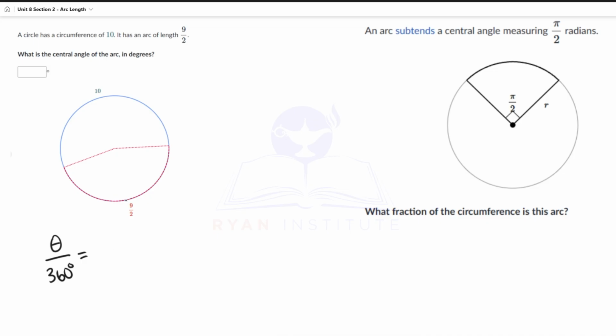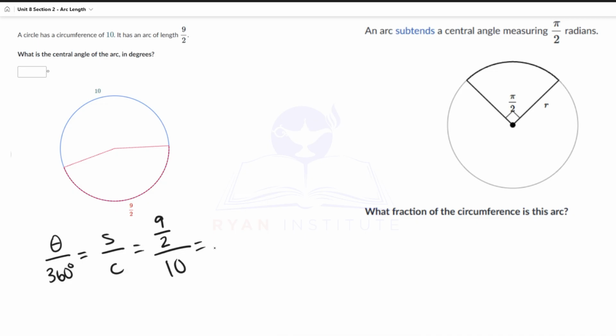And so for this specific question, this is going to be S over C, right? The arc length is 9 over 2, and then the circumference, or C, is 10.